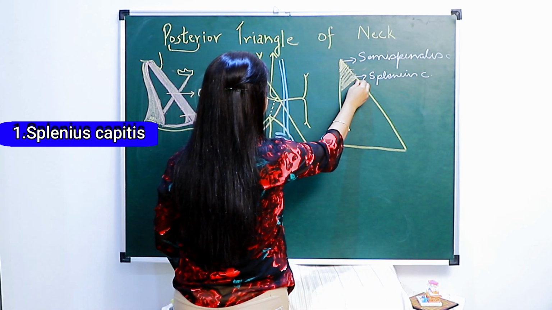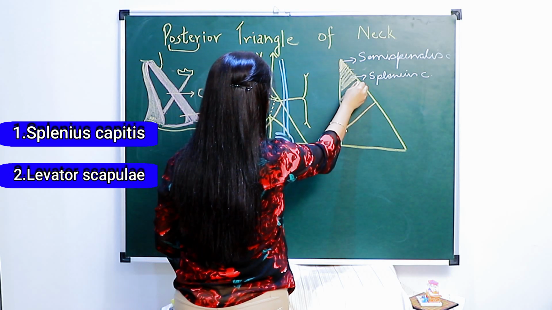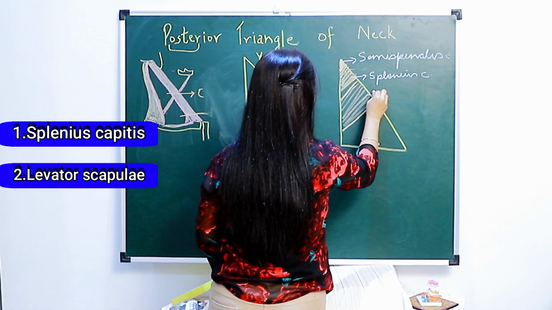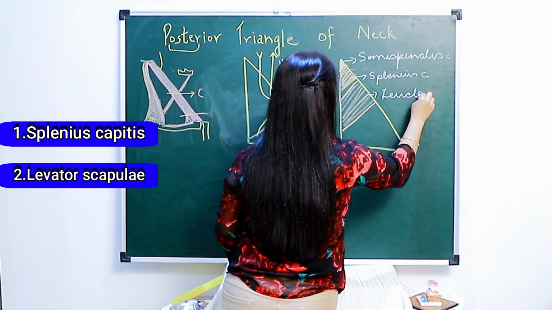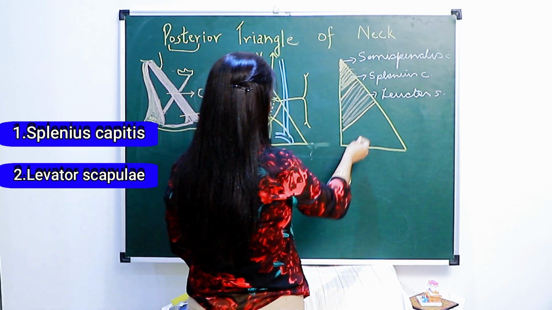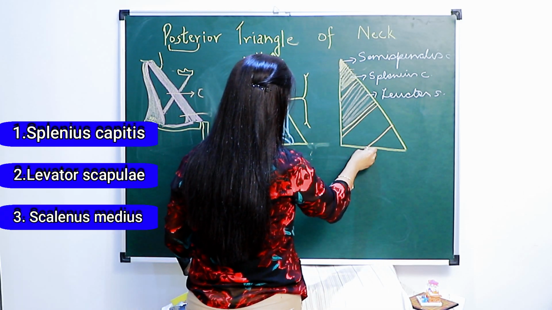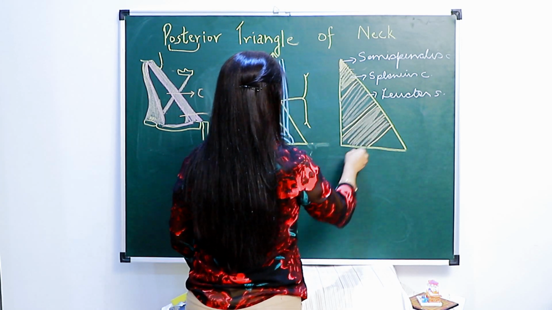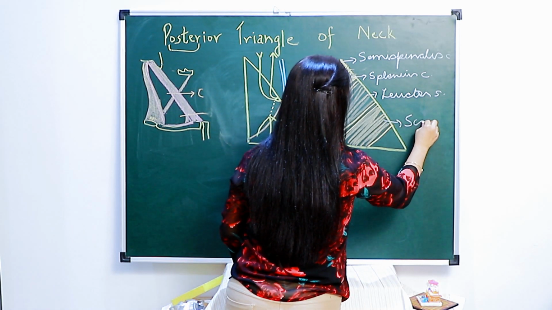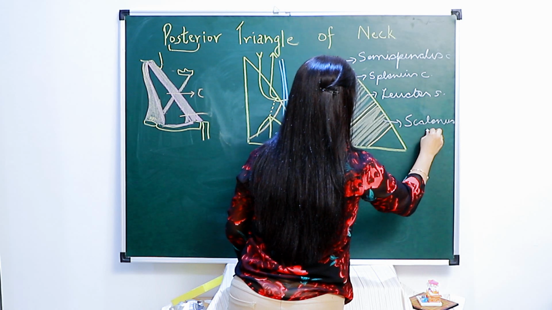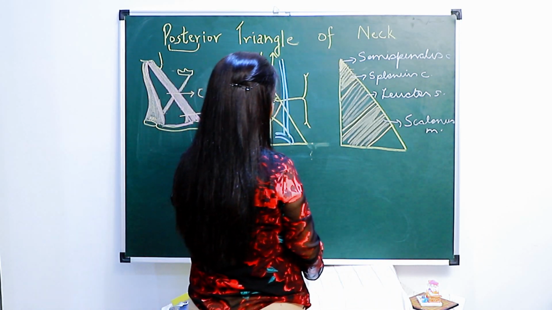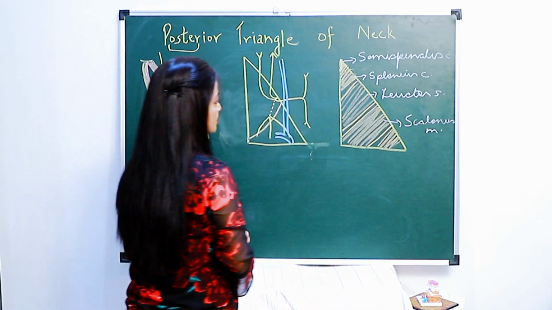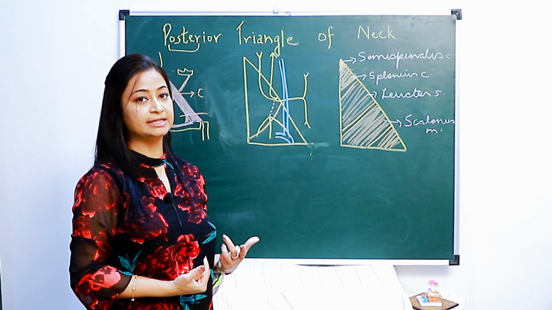The next muscle forming the floor is the levator scapulae muscle. So this is the levator scapulae. And then you have the scalenus medius muscle. Also over here there are some fibers of the scalenus anterior muscle as well as sometimes a few digitations of serratus anterior.